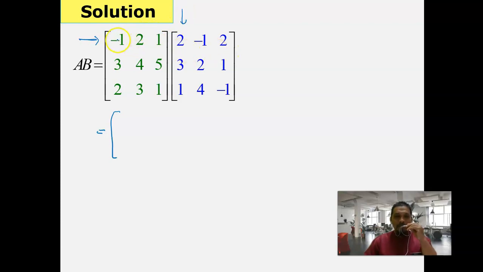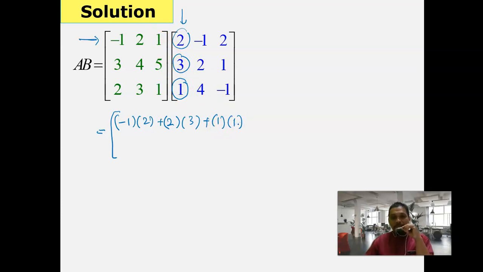So the first thing is -1 multiplied with 2, plus 2 multiplied with 3, and 1 multiplied with 1. So that is the first one.